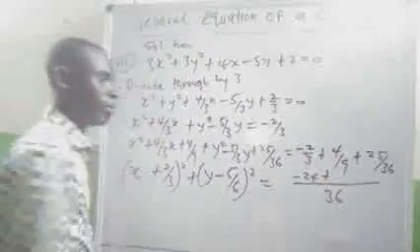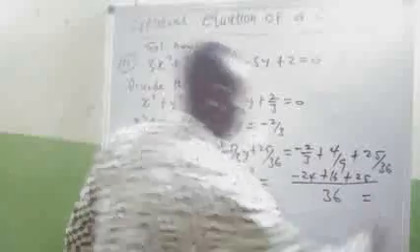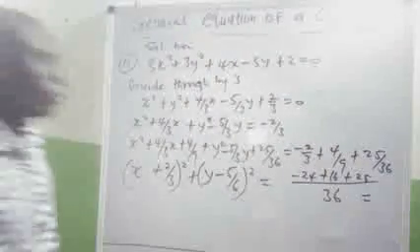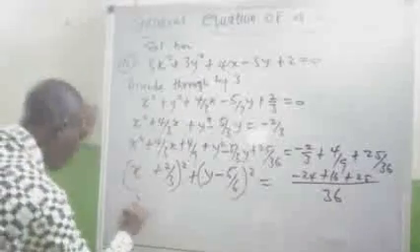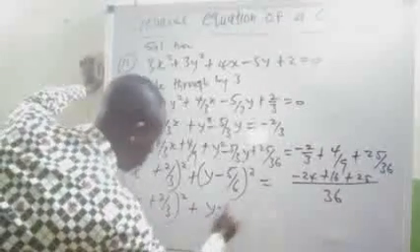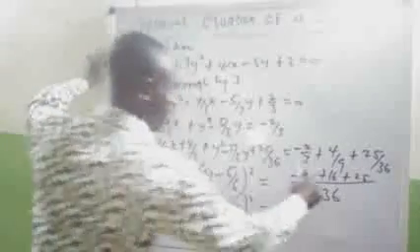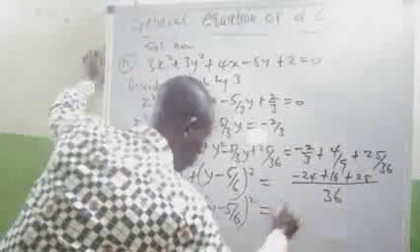That is times 2 plus 9. 36 divided by 9 is 4, times 4 is 16, plus 36 divided by 36 is 1. So this will give us: we now have (x + 2/3) all squared plus (y - 5/6) all squared equals 25 minus 24 is 1, plus 16 is 17.